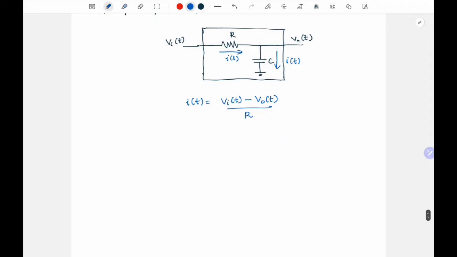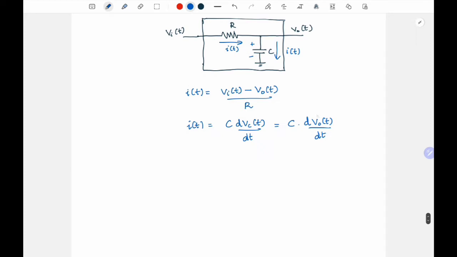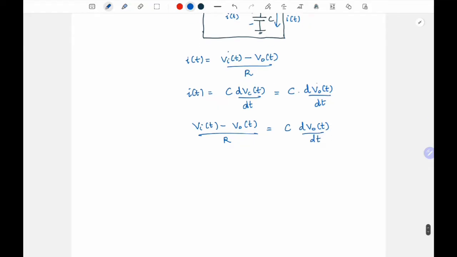And we know the current and voltage relationship for a capacitor. So the I of t is nothing but C dVc of t by dt. But what is Vc of t here? The voltage across the cap is nothing but Vo of t itself. So it is C into dVo of t by dt. And we want to eliminate I of t and get the relation between Vo of t and Vi of t. So we just equate the right hand sides. So (Vi of t minus Vo of t) by R is equal to C dVo of t by dt. So you can take the R to the other side.